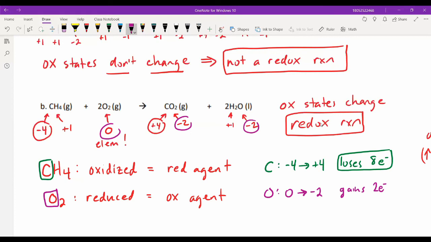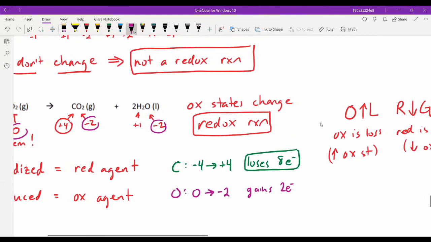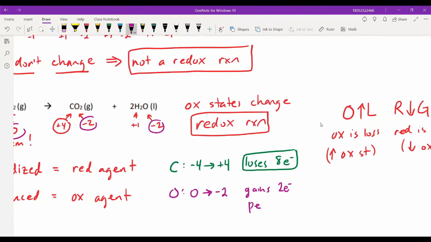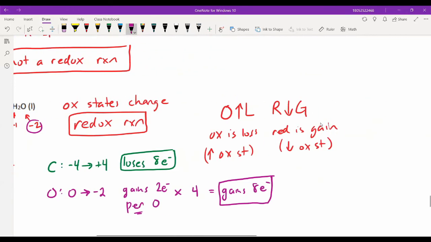There was only one carbon, so that's why we could just say loses 8 and stop there. But for oxygen, it gains 2 electrons per oxygen. So we want to multiply this by 4, and then we get gains 8 electrons. And that matches. It has to match. So there's 8 electrons transferred. That's, I guess, our ultimate answer.